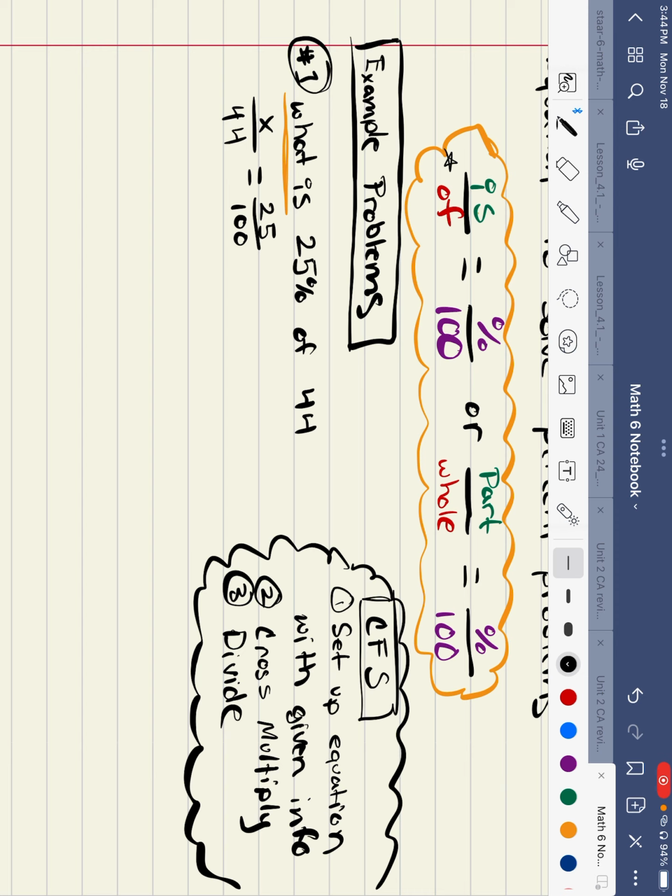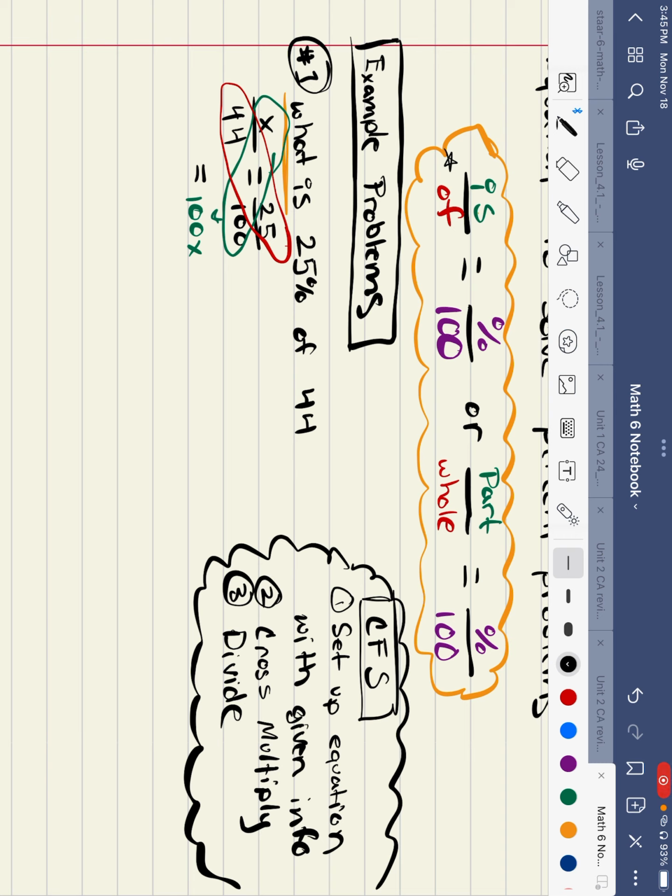So now your second step, after we set up the equation, now we can cross multiply and divide. Some of us know this as the butterfly method, but it's a little different because you have to end up dividing. So you cross multiply 100 times x. That's going to actually give you 100x. Okay. Then you got 25 times 44. So you got to bring your equal sign down too.